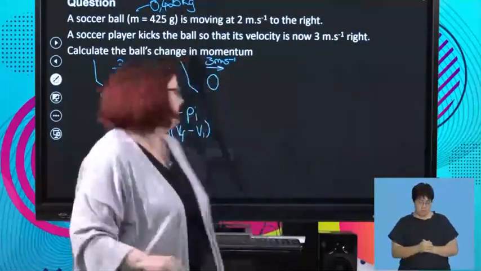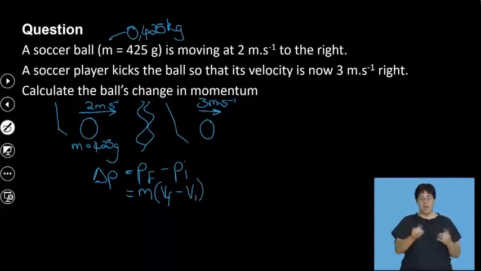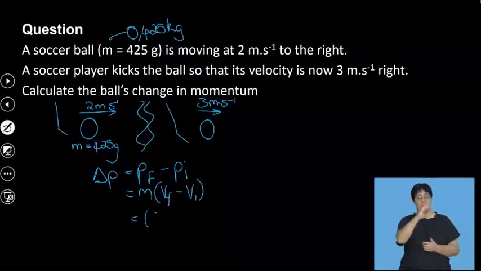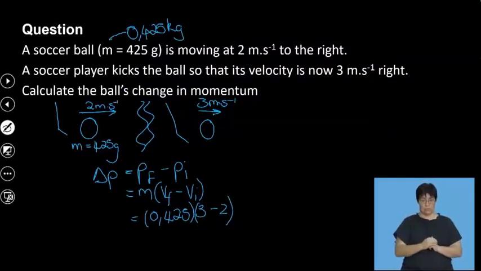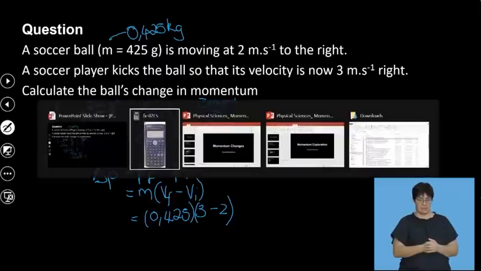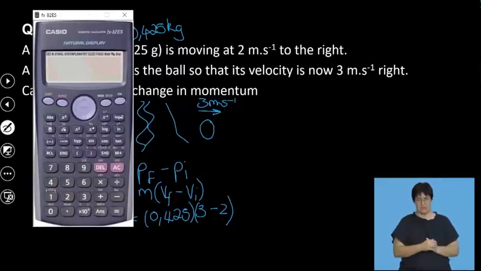So be careful. Let's substitute in what I know. So I've got 0.425. Final velocity was 3. Initial velocity was 2. I'm going to do it on my calculator because it's important that we know. So what have we got?